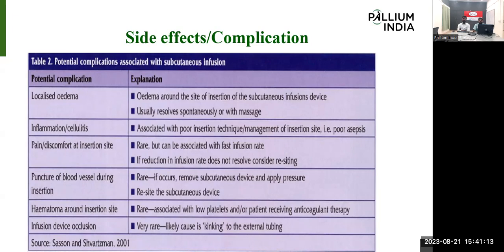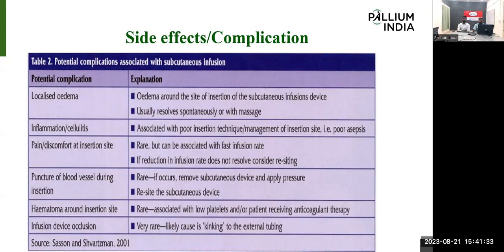If we practice poor aseptic technique during the procedure, it will cause inflammation and cellulitis. So during the procedure, we need to keep in mind that the steps must follow strict aseptic technique.